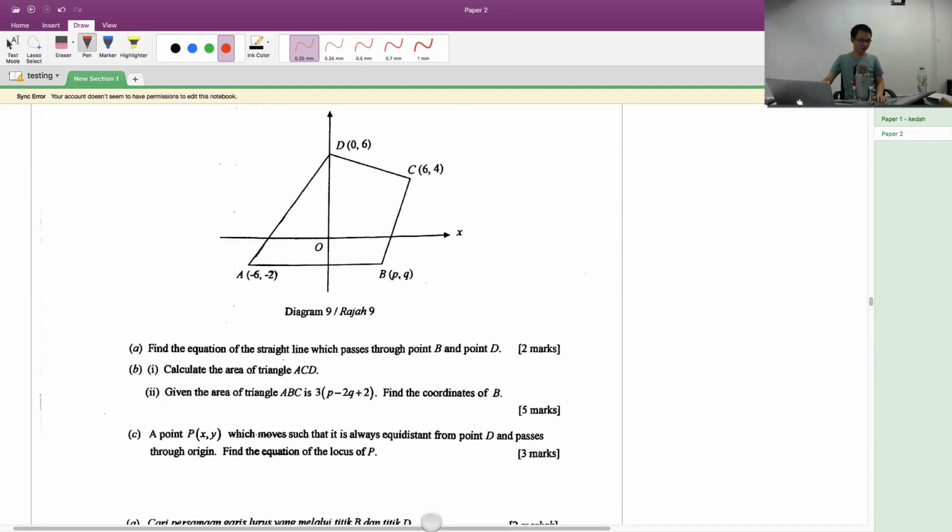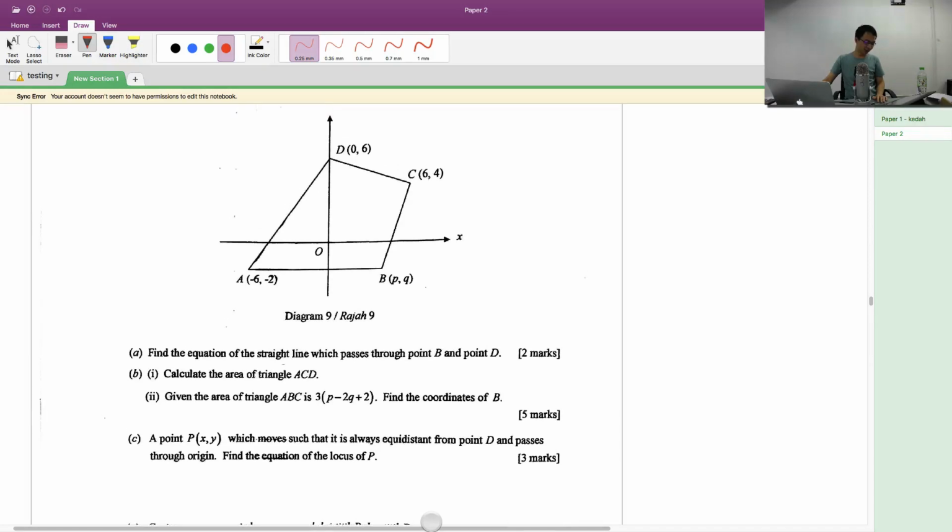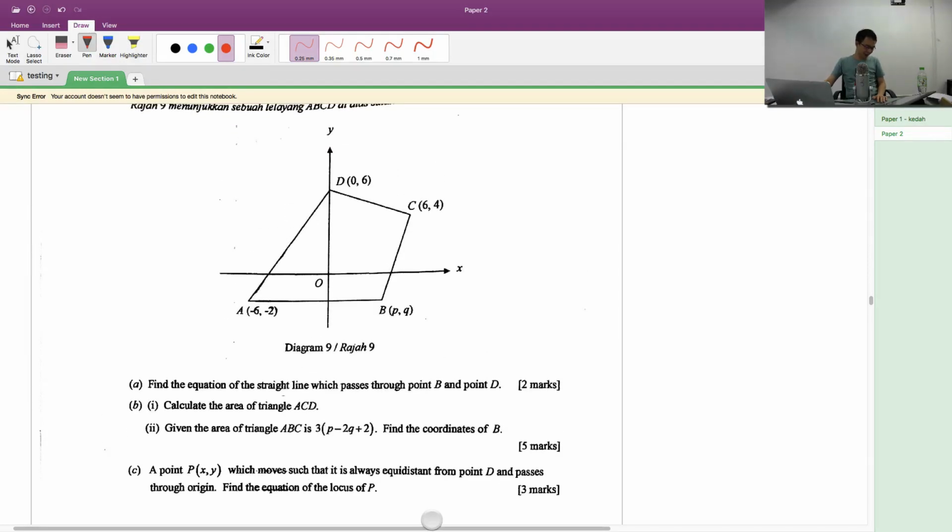Okay, for this one, I guess it's just the coordinate question. Find the equation of the straight line which is passing through point B and point D. So definitely you have one equation.